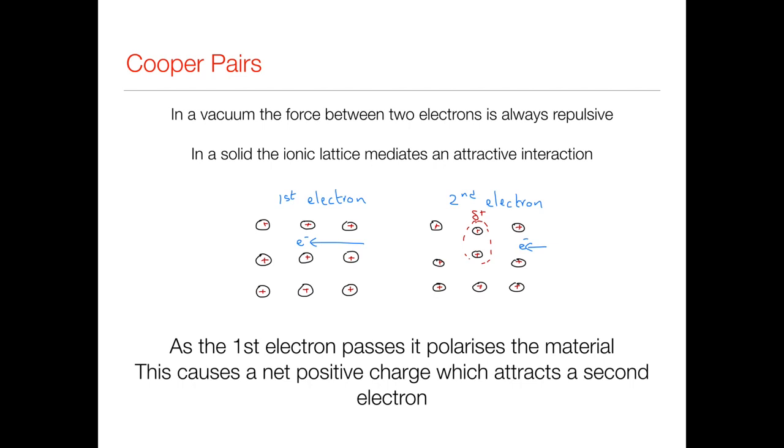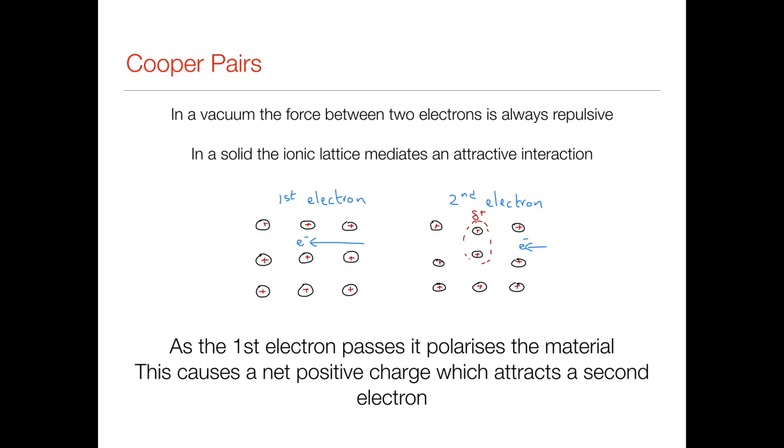Off we go, and they start moving towards it. A little time later, those two ions have moved closer towards each other. The first electron at this point is long gone, but the response time of these two ions is quite a lot slower. So at my later time, these two ions are now closer together than they would be in equilibrium.